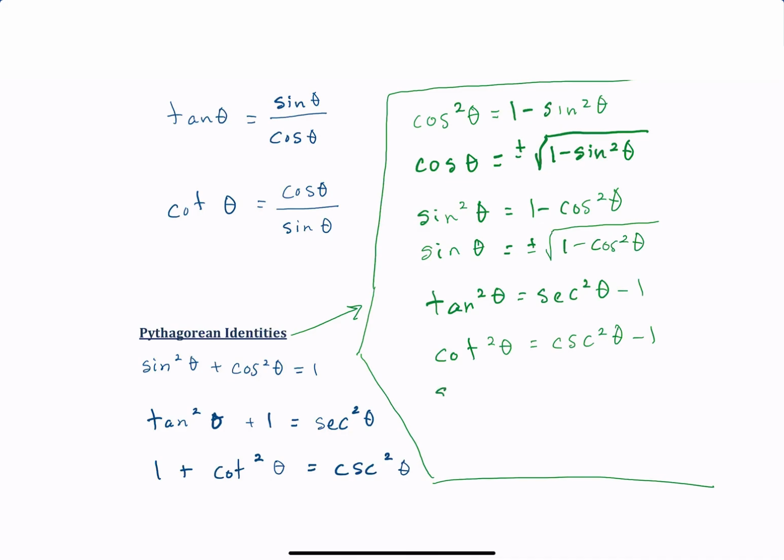Oh, and there's also secant squared of theta minus tangent squared of theta equals 1. You get that just by subtracting tangent squared from both sides of the second Pythagorean identity. And similarly, cosecant squared of theta minus cotangent squared of theta equals 1.